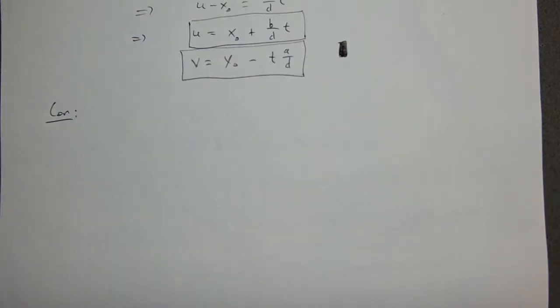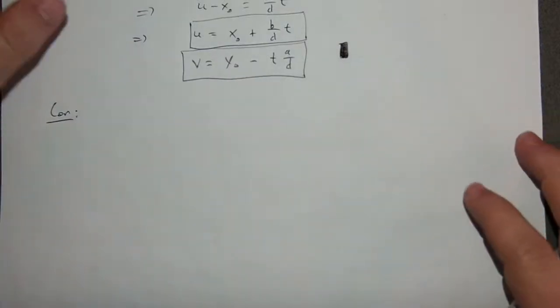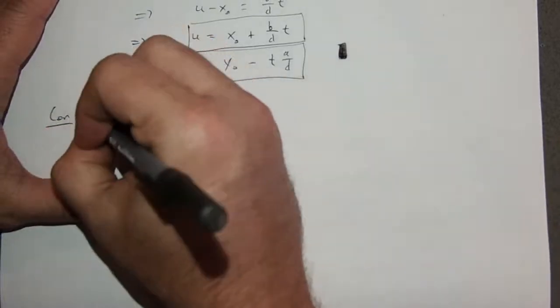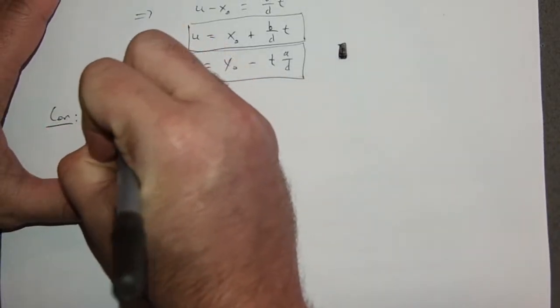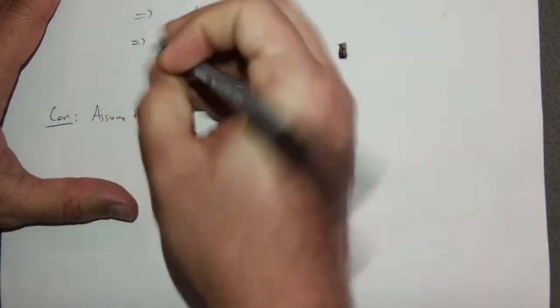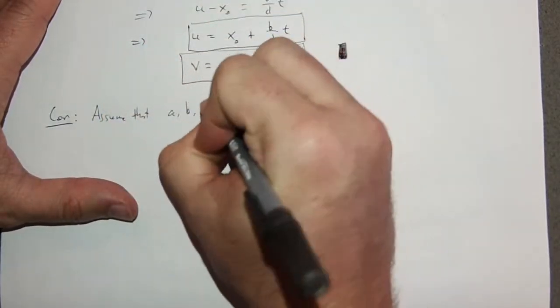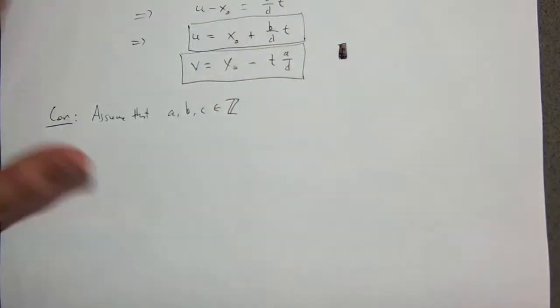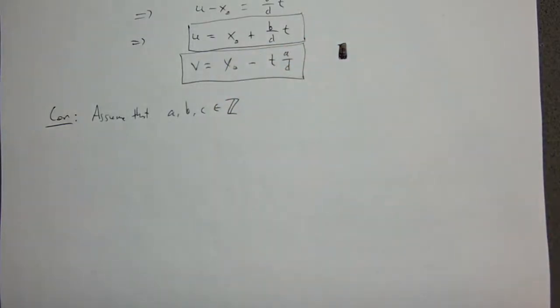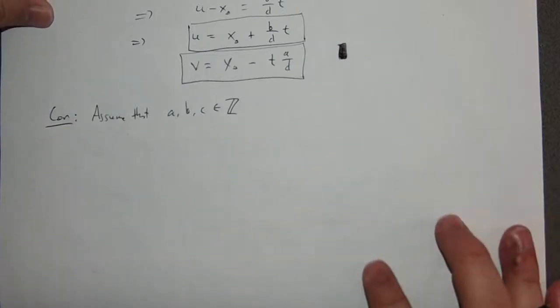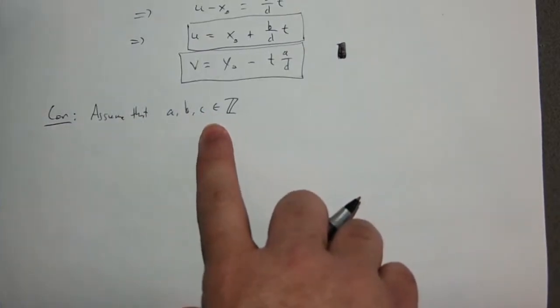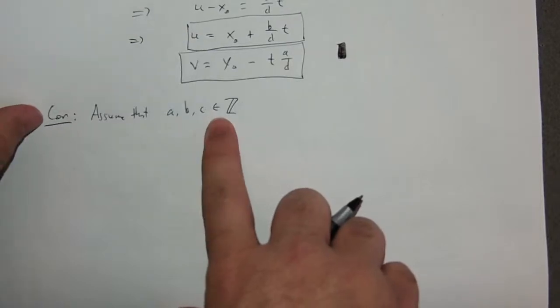Namely, if I assume that a, b, and c are integers, maybe before I state this, it makes sense to say something else here. So I'm gonna stop for a second before I write out this corollary.